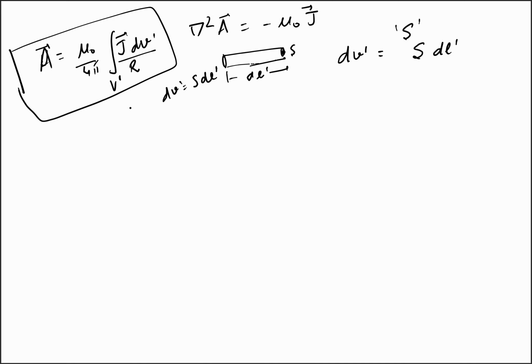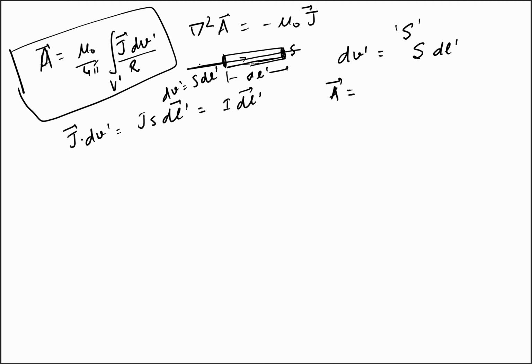So if I replace this dV dash, then J dV dash is equal to J S dl dash. And since we are assuming steady currents, and the direction of dl is in the direction of the current, and the current density is perpendicular to this cross section, I can write it as simply I dl dash.